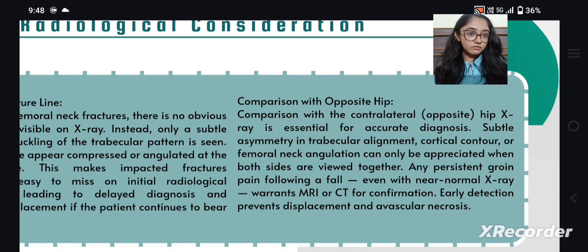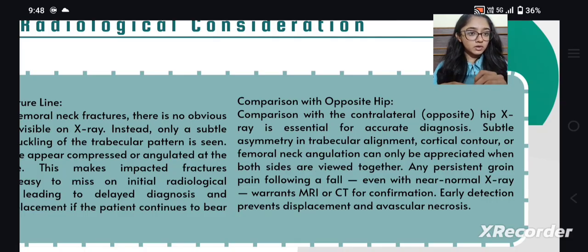And then comparing with the opposite hip. Comparison with the contralateral hip X-ray is essential, as we discussed earlier also. It will show subtle asymmetry in trabecular alignment, cortical contour or femoral neck angulation, which can only be appreciated when both sides are viewed together.